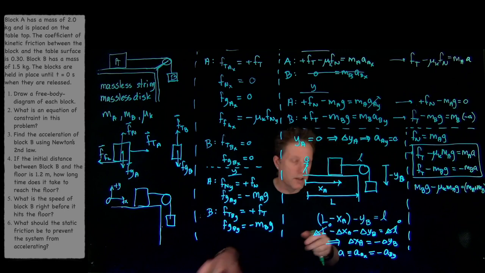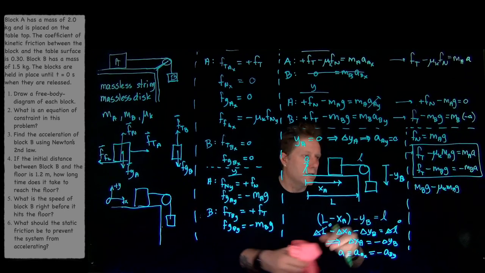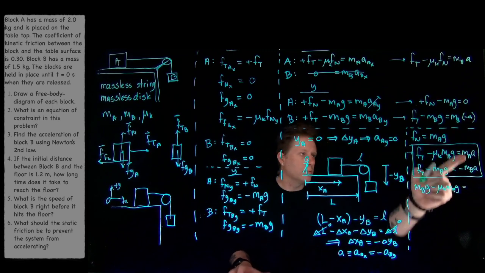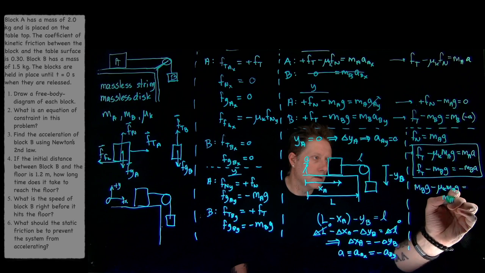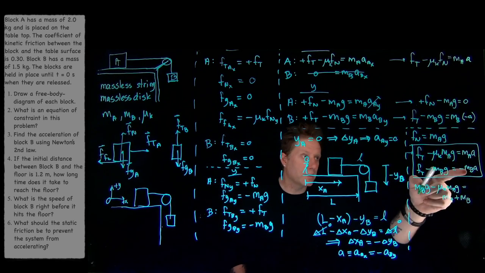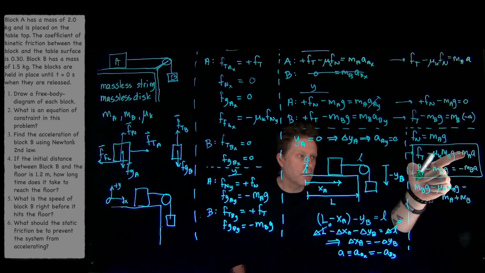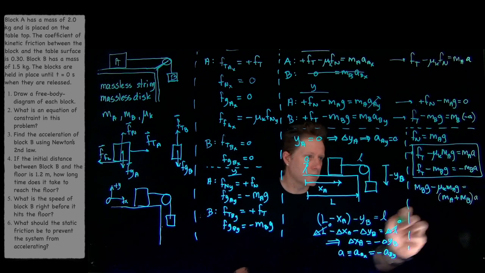No, there's no G. So let me erase this one here and write that down here. So that's equal to the second term, mass A plus mass B, because we're subtracting the bottom equation from the top equation. So it's going to be mass A minus minus, and then the acceleration.